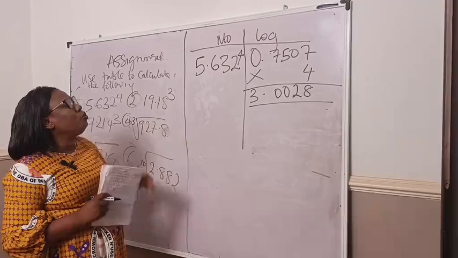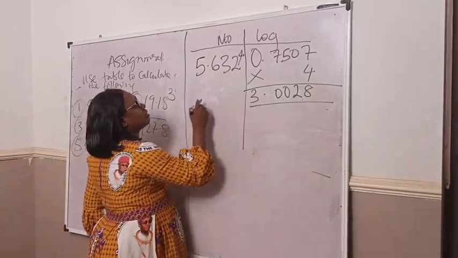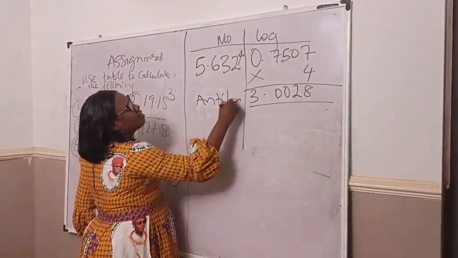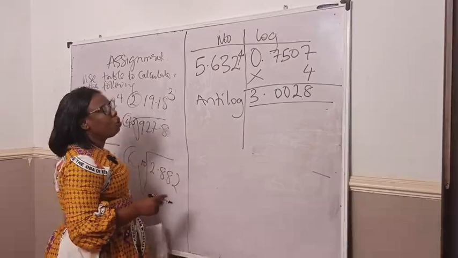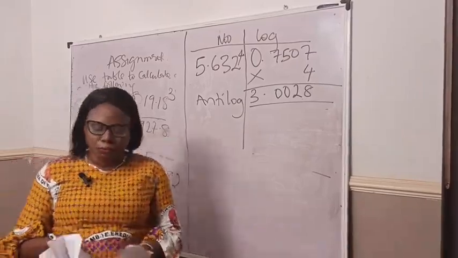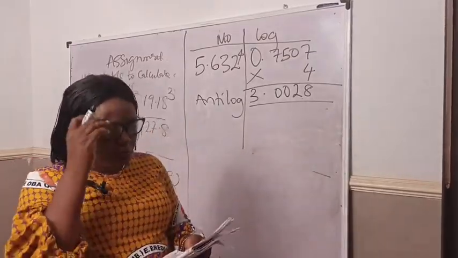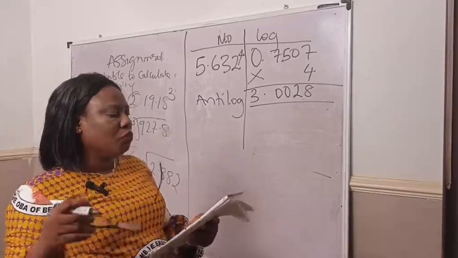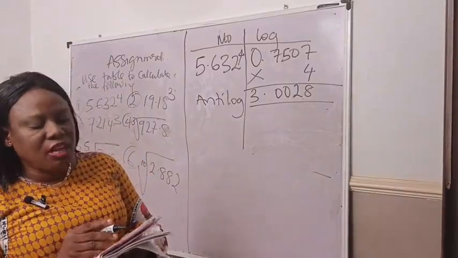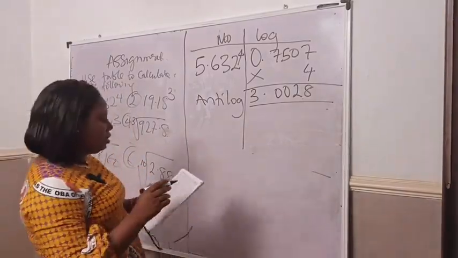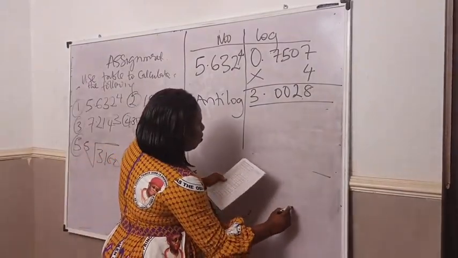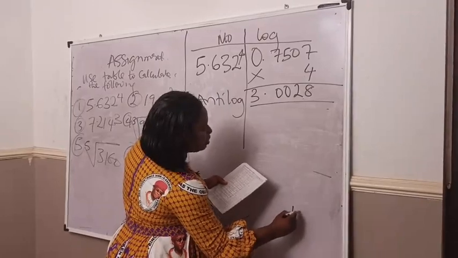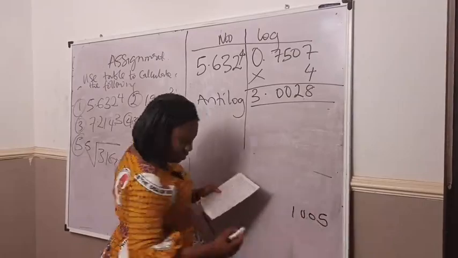Then what do we do? We look for the antilog of this. This is how you write antilog. So we go to the antilogarithm table. I look for 0, 0 under 2. 0, 0 under 2 is 1005.